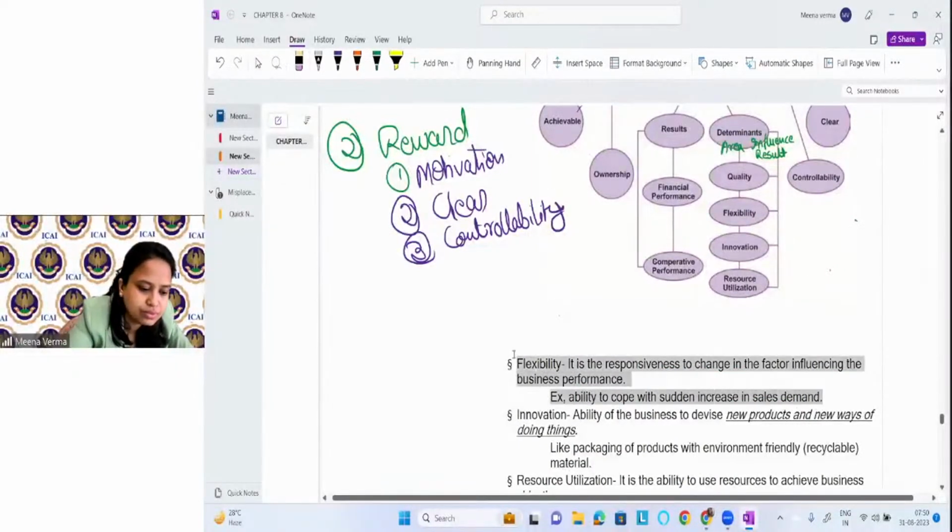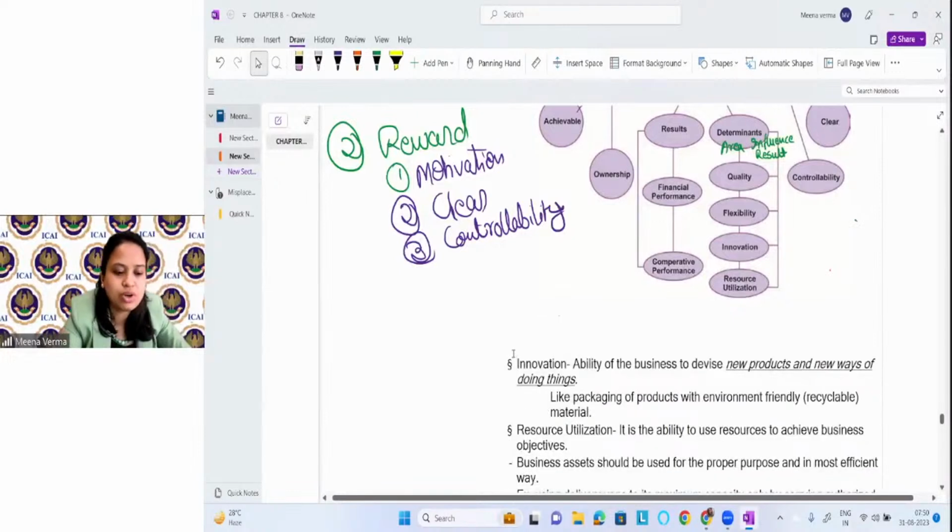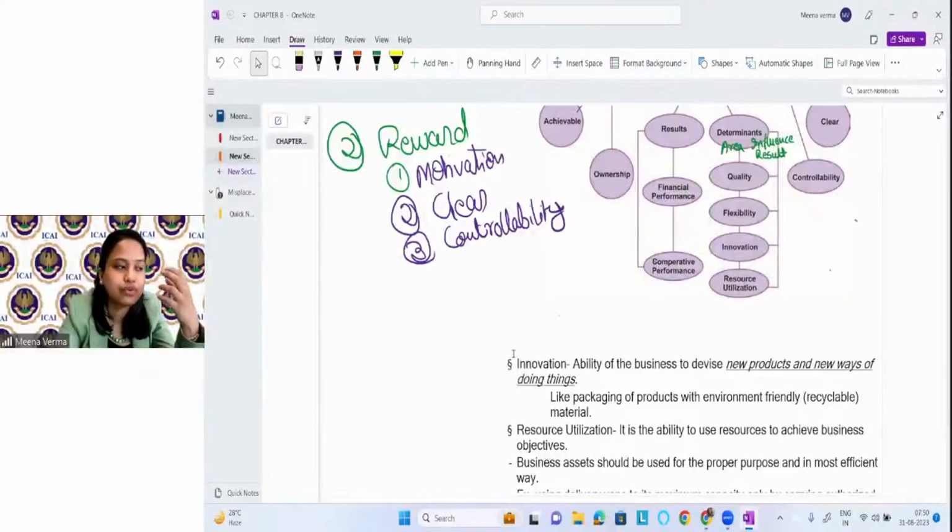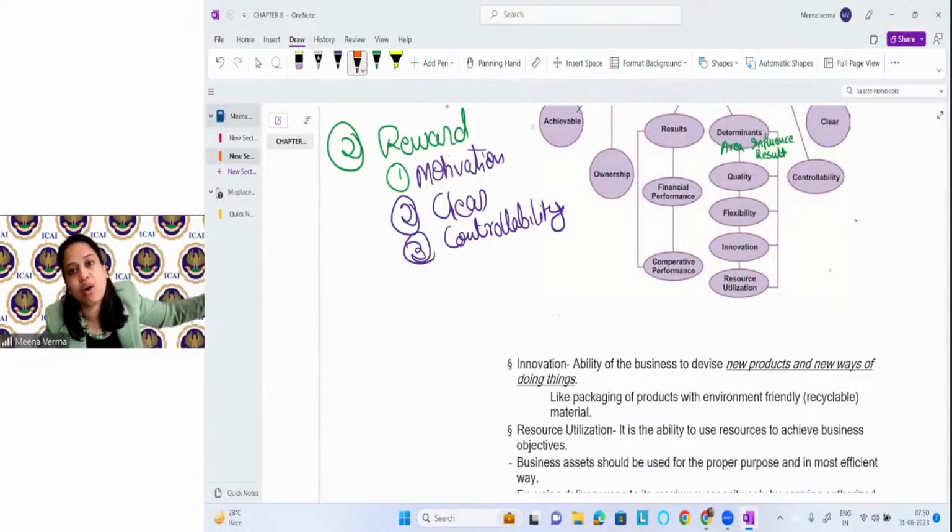Then the next point is innovation. The company should keep doing research and development to keep providing goods and services that are innovative, meaning different from the competitor.